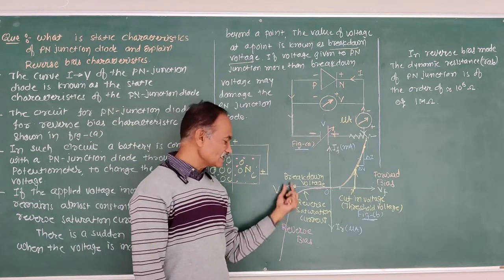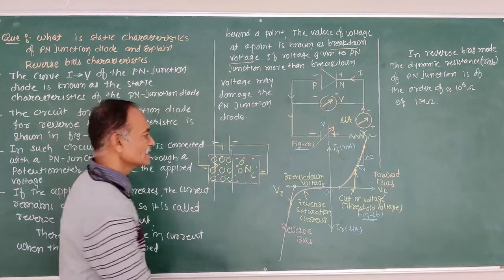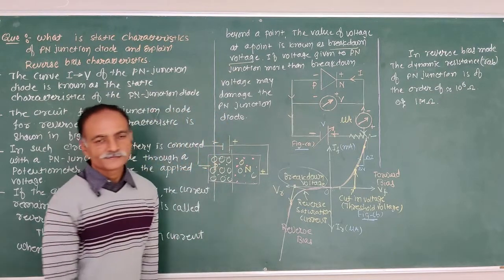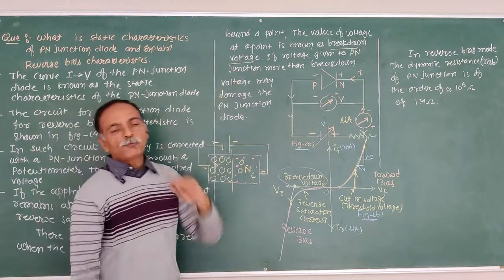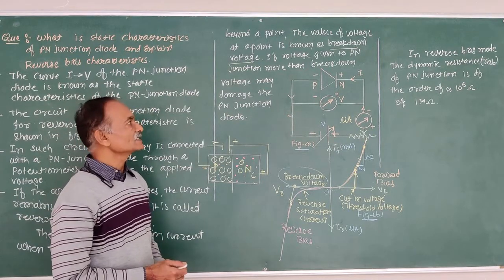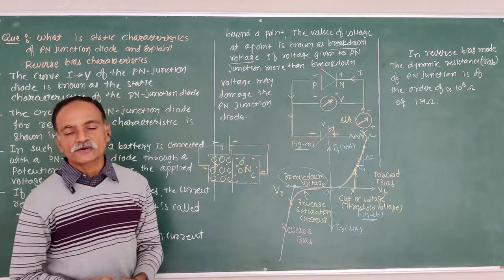Beyond this voltage, the sudden increase in current takes place. This voltage is known as the breakdown voltage. If the voltage given to the PN junction is more than the breakdown voltage, it may damage the PN junction diode permanently.